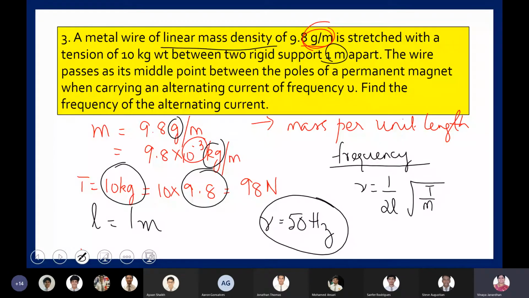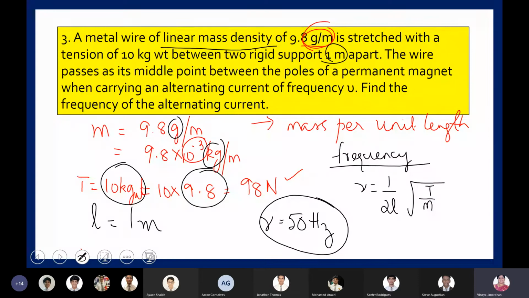The tension in the wire is 10 kilogram weight, which is equal to 10 into 9.8, 98 Newton. And the length of the wire is 1 meter. Then find the frequency of the alternating current, because this wire is connected to your alternating current.